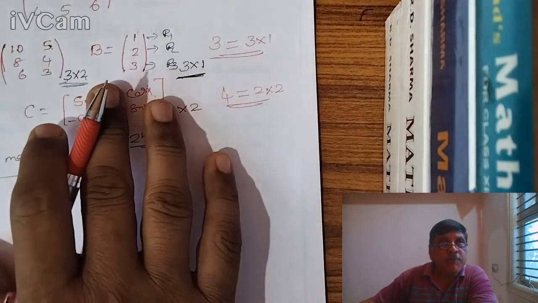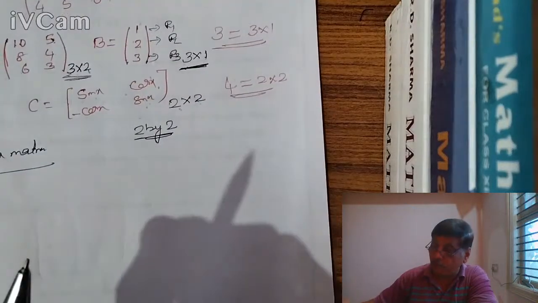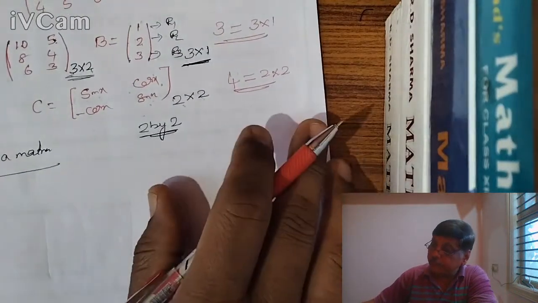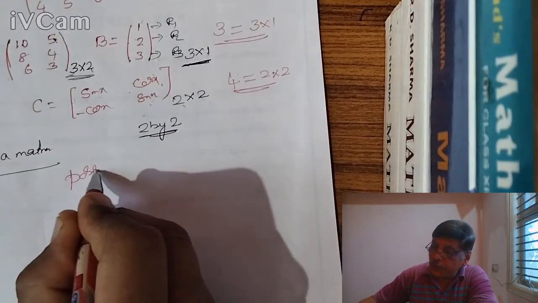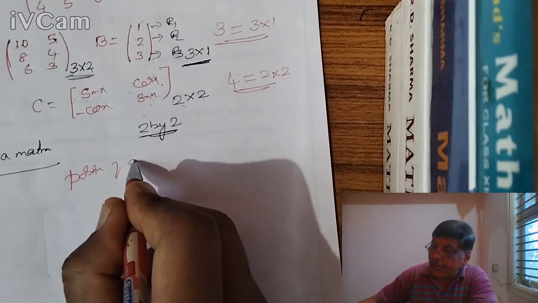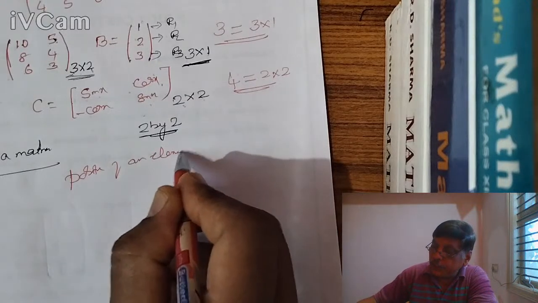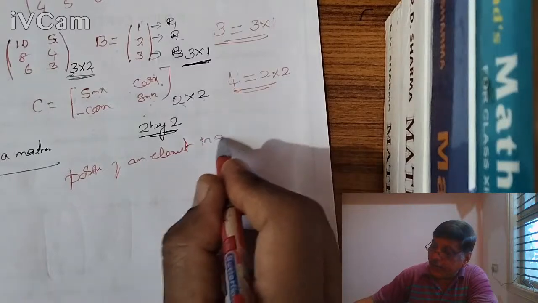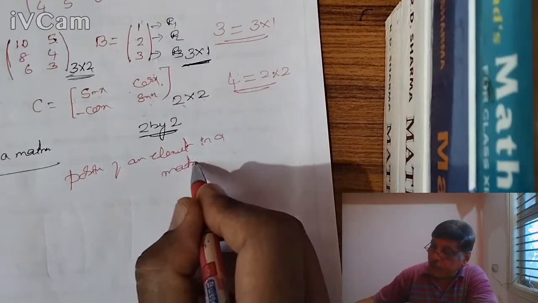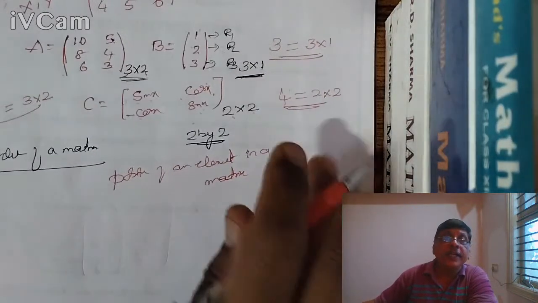Now we come to the general form. Next we see the position of an element in a matrix.